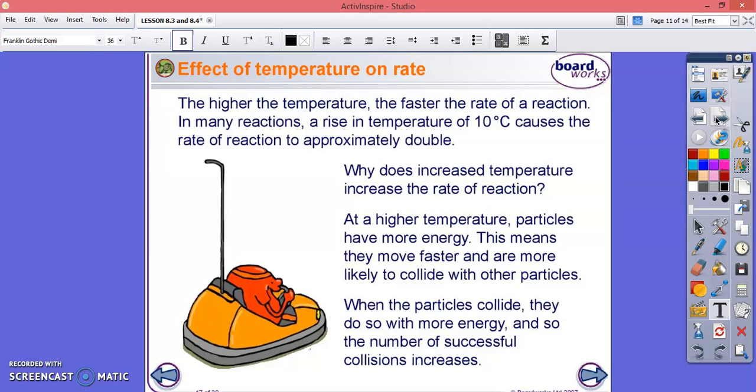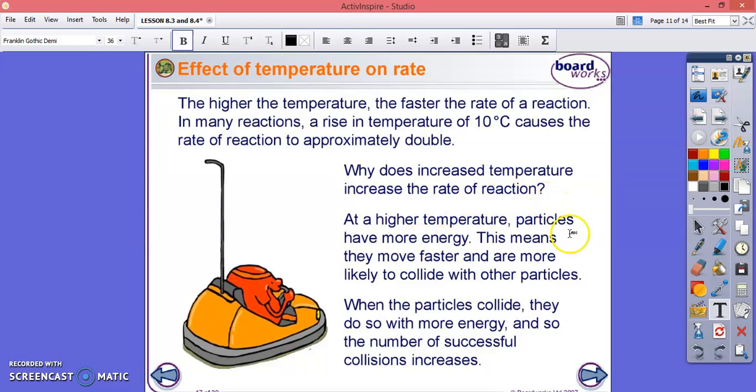Here, we are looking at the temperature, wherein if we increase the temperature of the reactants in a chemical reaction, we can increase the kinetic energy needed by the particles to move faster. If the particles are moving fast, of course, there is a bigger chance that they will collide with each other. And the more successful collisions there are, the faster the reaction.